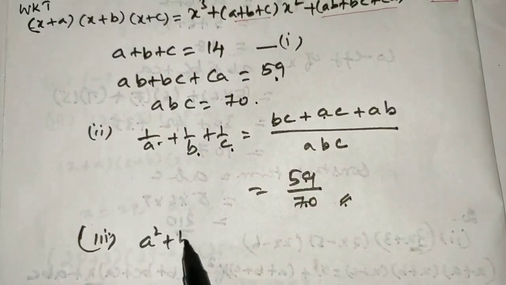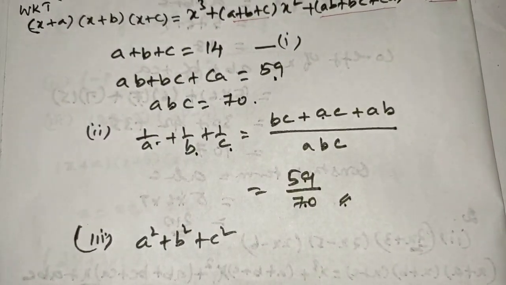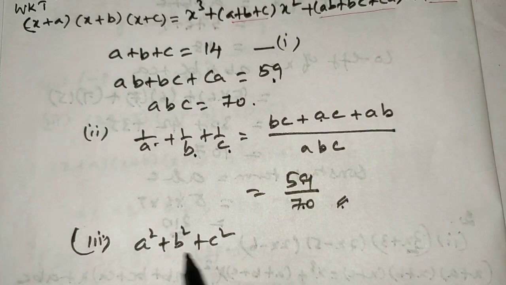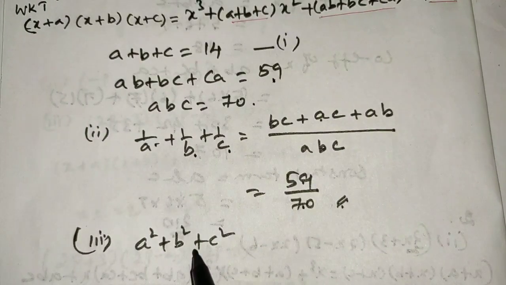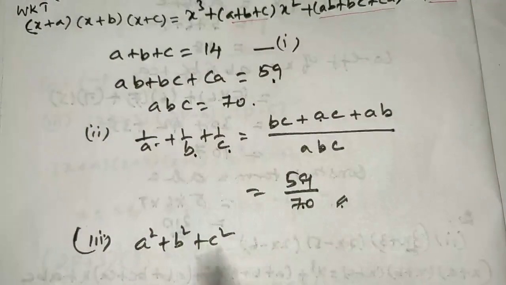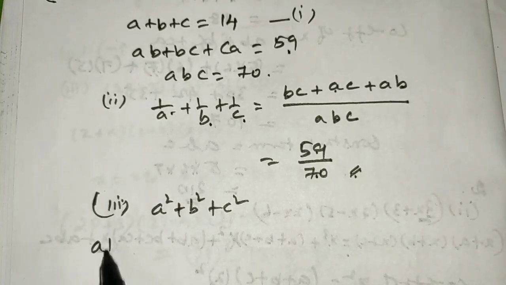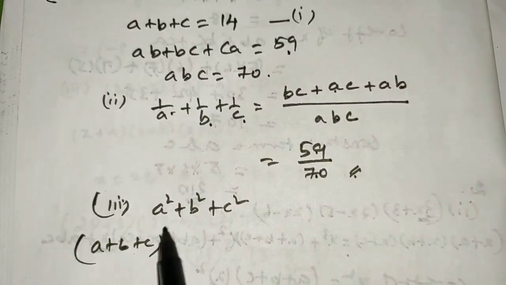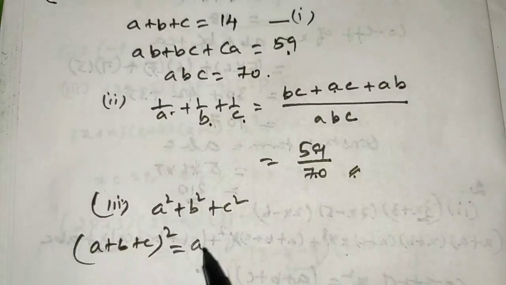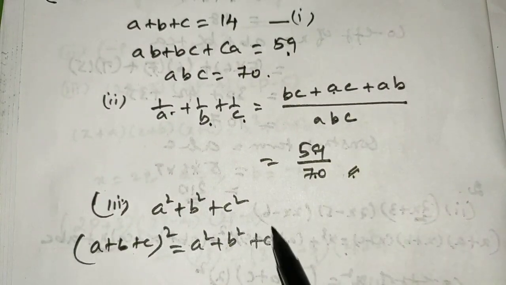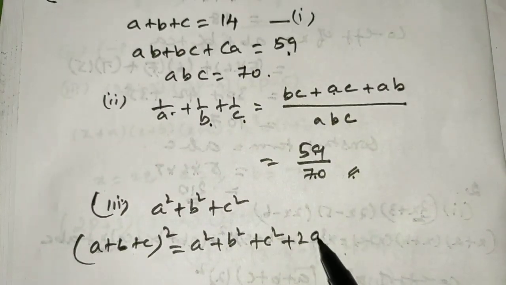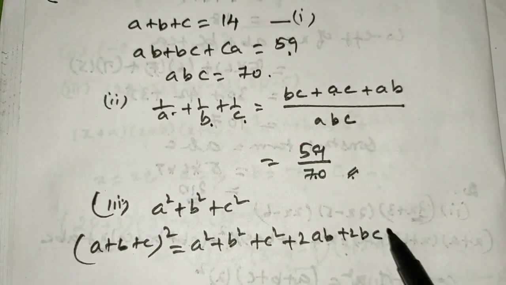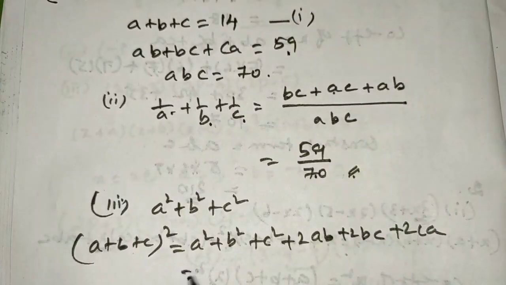Then the third one, which is a² + b² + c². Where do you see this formula? We see this in the expansion of (a + b + c)², which gives a² + b² + c² + 2ab + 2bc + 2ca.